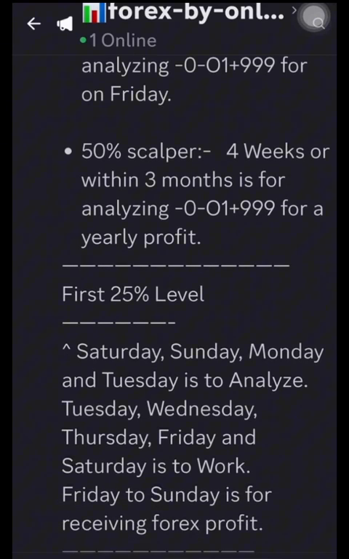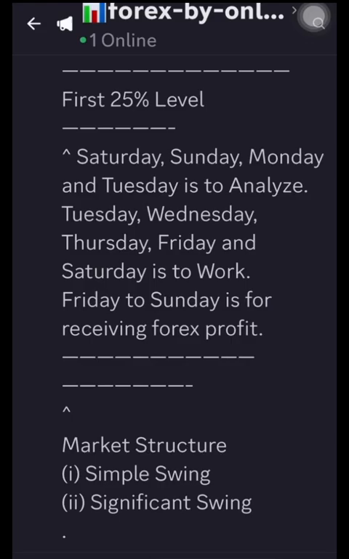So what you need to know about this 25% scalper is that Saturday, Sunday, Monday, and Tuesday is for analyzing. You are analyzing on Saturday and Sunday to leave it for the next Saturday and Sunday, right? Then Monday and Tuesday is for analyzing. Let's imagine on Saturday and Sunday you analyze Bitcoin for the next Saturday and Sunday.